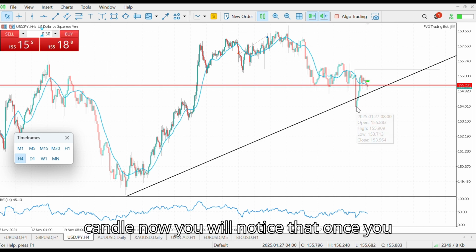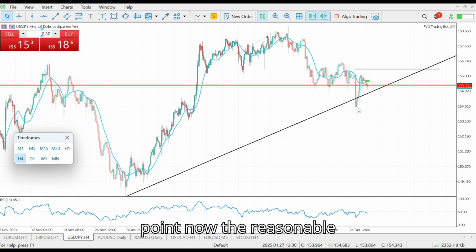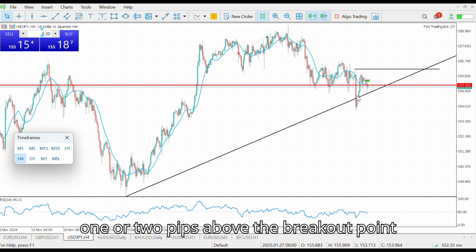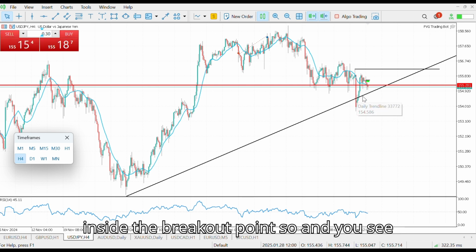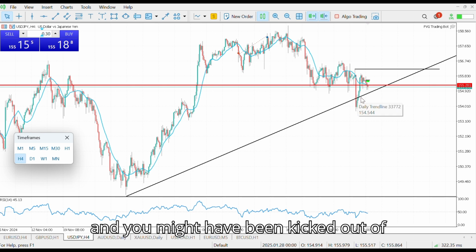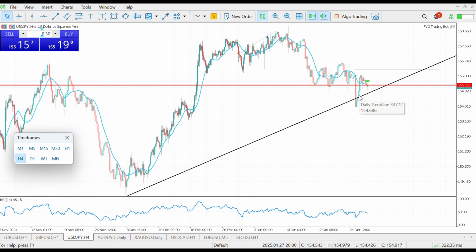Now you'll notice that once you place your entry at this point, the reasonable exit you would like to place is just at the breakout point, or just slightly 1 or 2 pips above the breakout point, inside the breakout point. And you see what happens. Price actually goes back and you might have been kicked out of that particular trade.